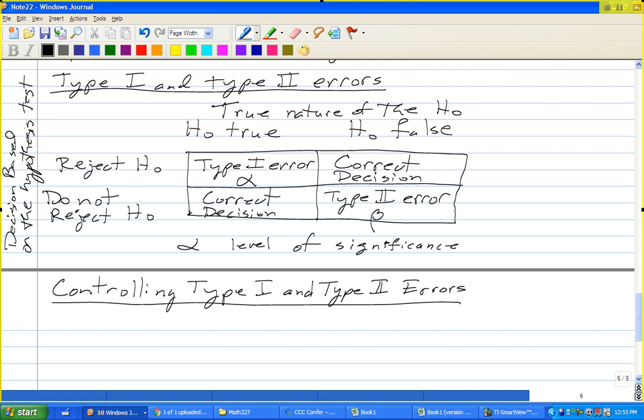I never want to convict an innocent null hypothesis. Why don't we do that? Well, notice the following. If I fix alpha, then an increase in your sample size will cause a decrease in beta. So that's good.